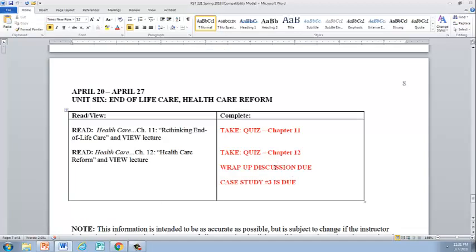What I hope to do with the wrap-up discussion is give us a forum to talk about what issues need to be updated, and what new information you might know about some of these issues. Certainly the healthcare reform chapter: there were some developments this past year. They tried to get a healthcare bill through, and it didn't work; it got rejected.